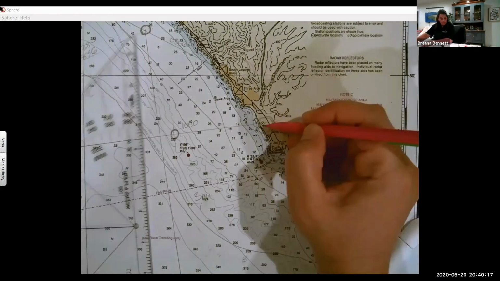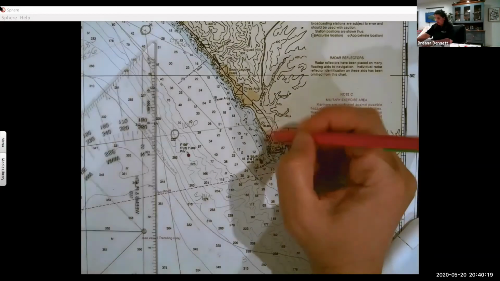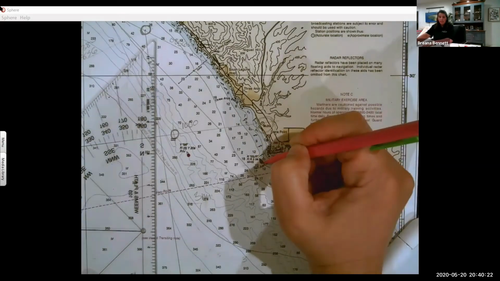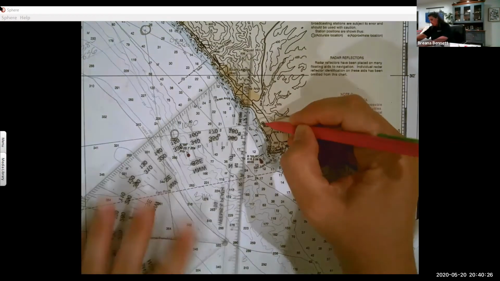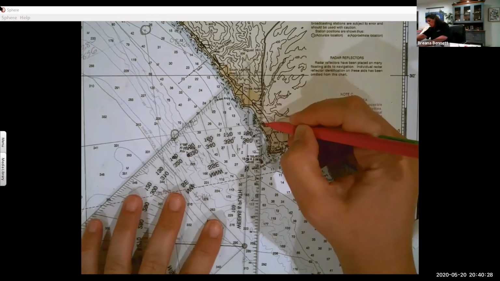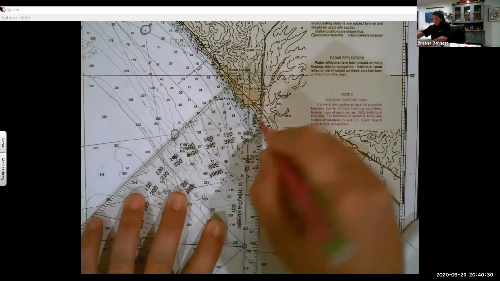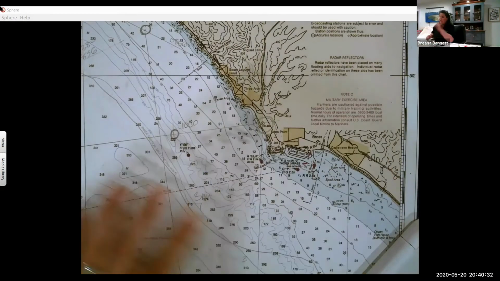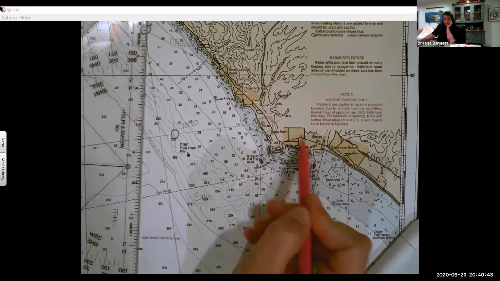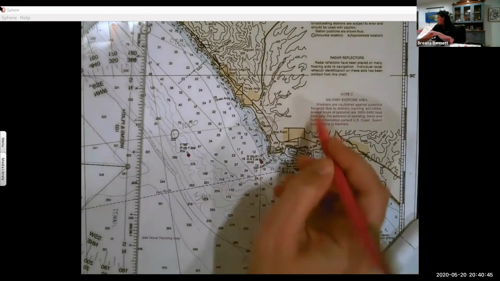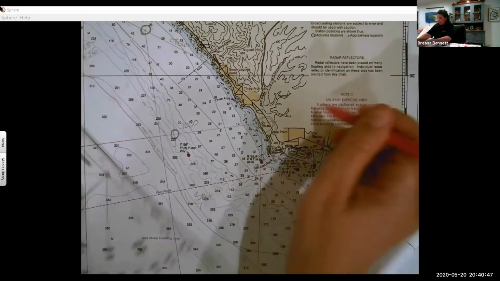We first see the visual range of the building and the buoy in line. So all we have to do is connect those two. And we know we are somewhere along that line. And then the other piece of information was the cross here was bearing 055 true.